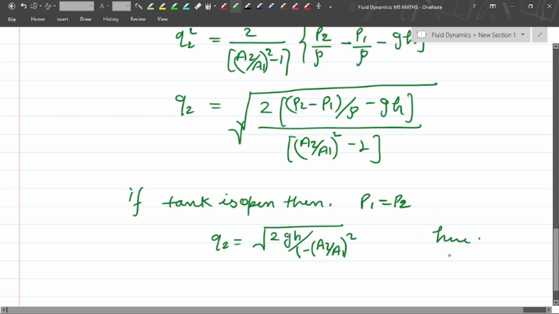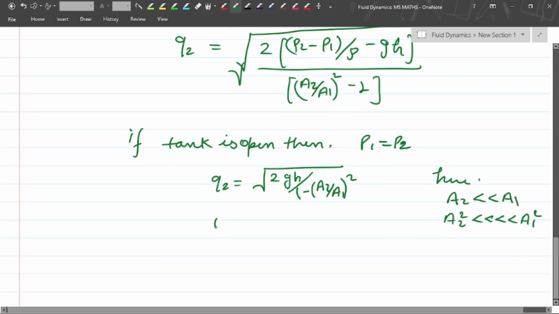Here A2 is very much less than A1, then A2 square is very much less than A1 square. It means (A2 by A1) whole square tends to 0. So q2 is nothing but root 2gh.